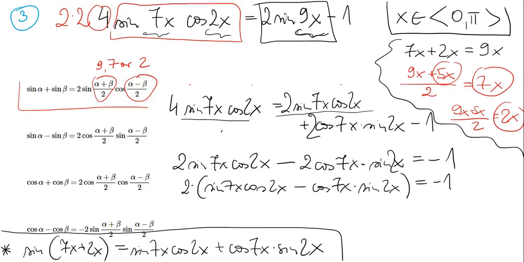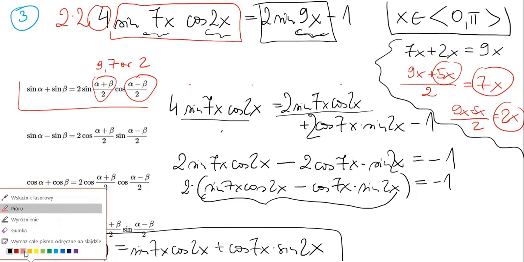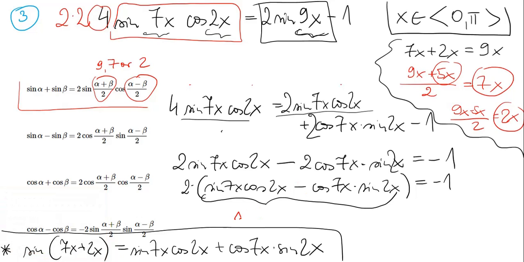And now it's a very important moment, because you have to notice that everything we have on the left side is another formula. You just need to take 2 in front of the brackets, and then you will get sine 7x cosine 2x minus cosine 7x sine 2x. If you check the formulas, you will discover that this is exactly sine of 7x minus 2x.